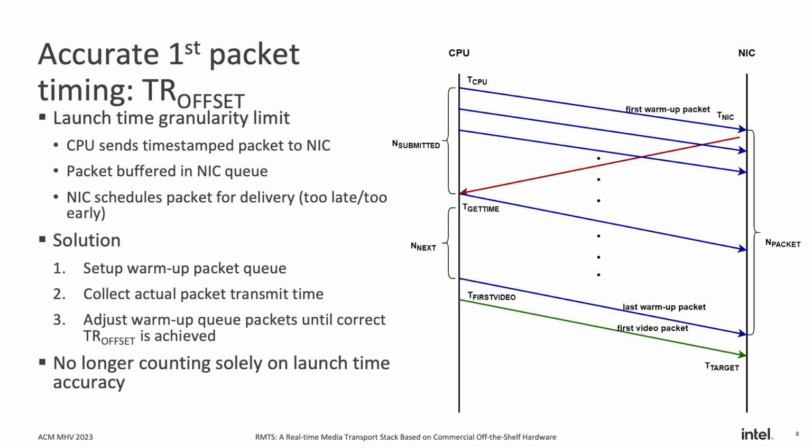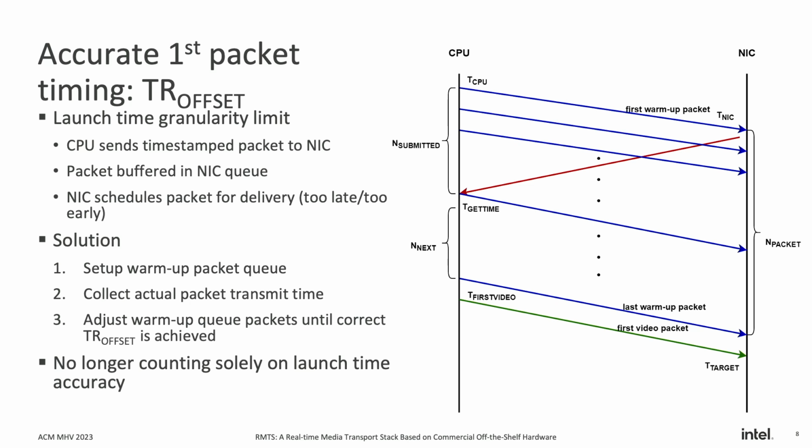There's a logging function in most NICs. And so we start sending packets. We count how many got sent and how many we had to put in the buffer to get the one that goes out at precisely the right time. Once we have that profiled, then we simply create our warm-up queue for every single frame, and then that first packet of real video data goes out at precisely the right time.